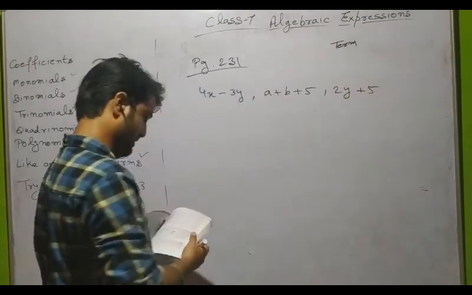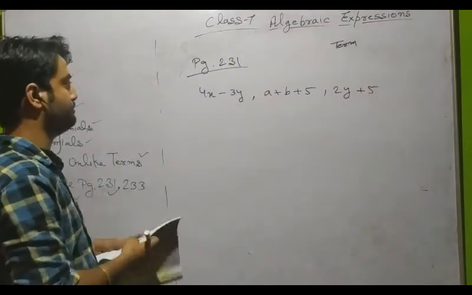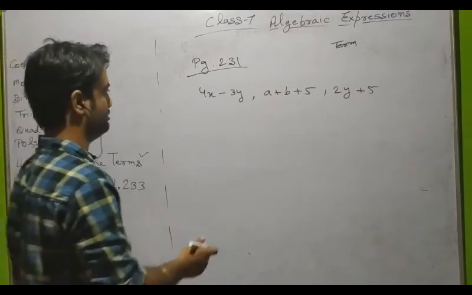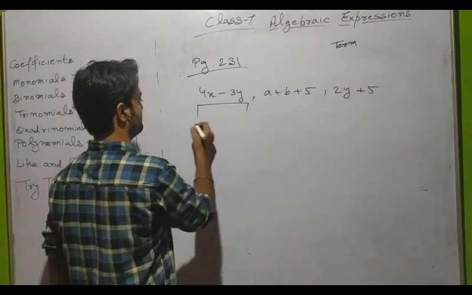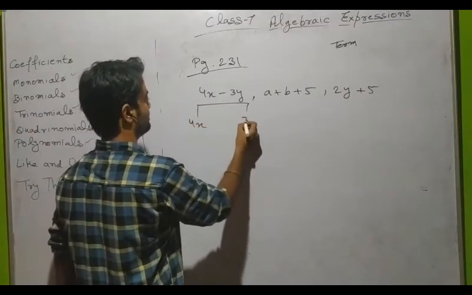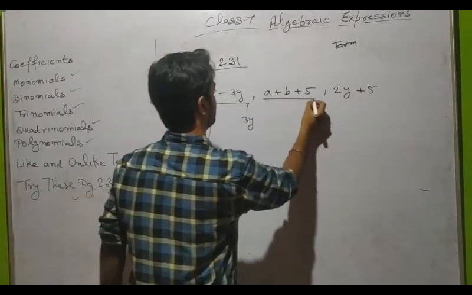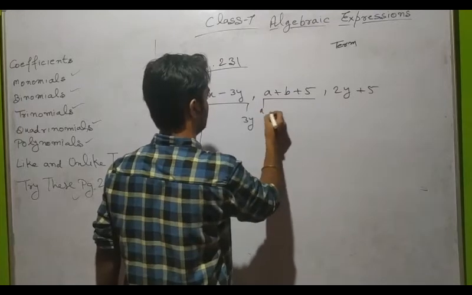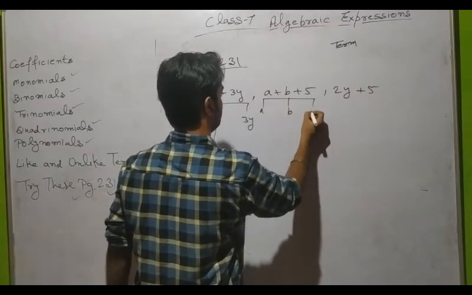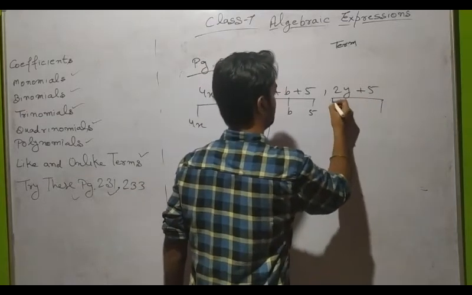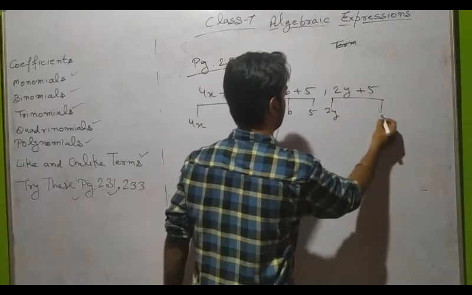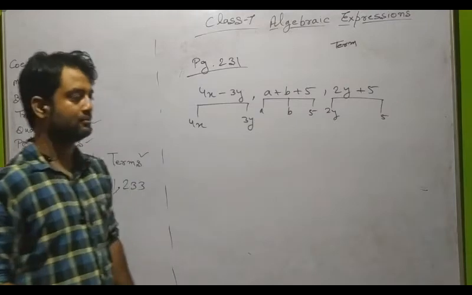Now we will try to find out the coefficient. In the first algebraic expression, there are two terms, 4x and 3y. The second has three terms, a, b and 5. And 2y plus 5 also has two terms, 2y and 5.